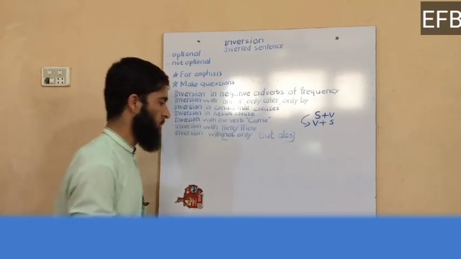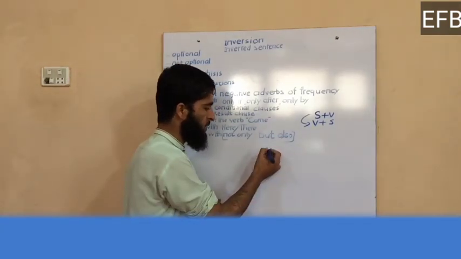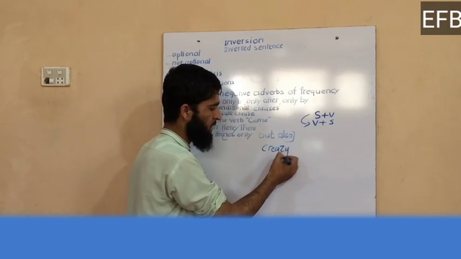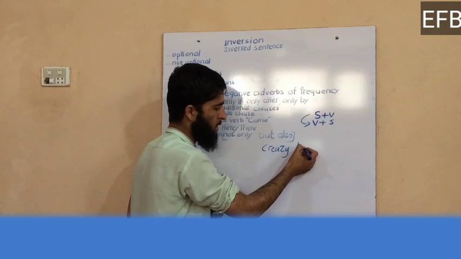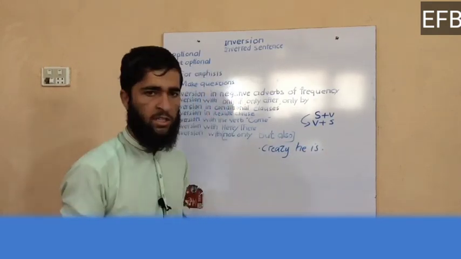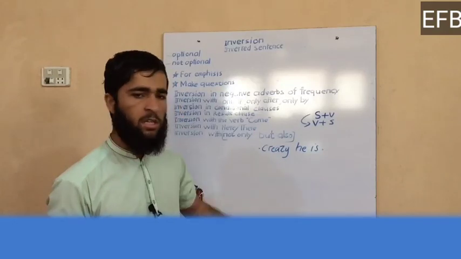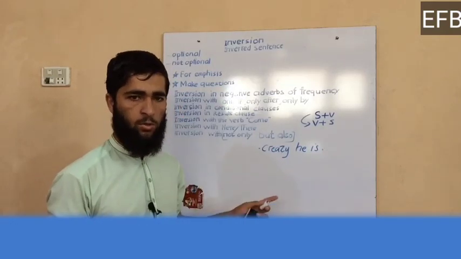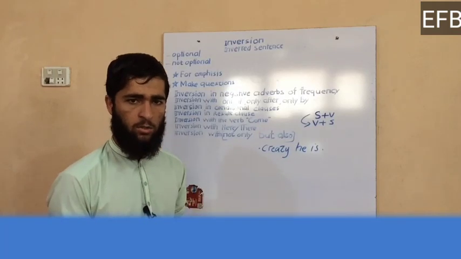For example, if I say "Crazy he is", in this sentence first we have adjective, then subject, and then verb, but it's optional. You could use it or not.